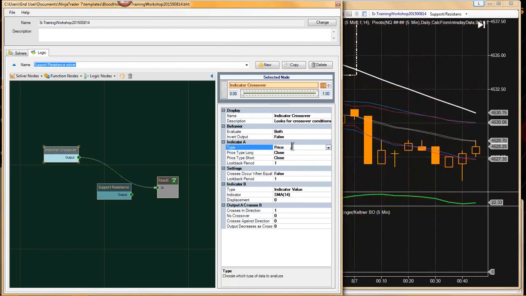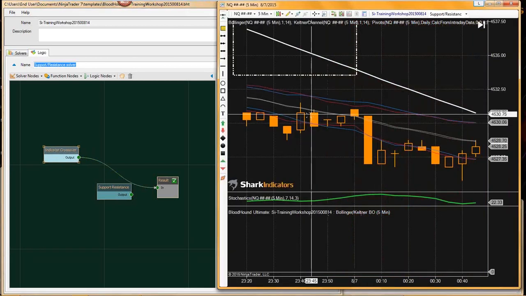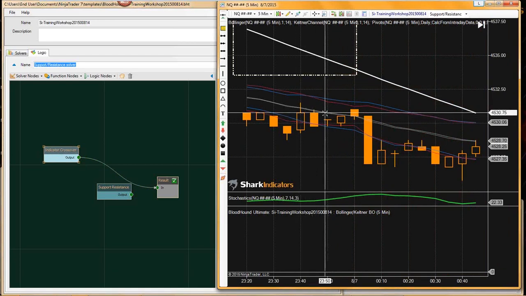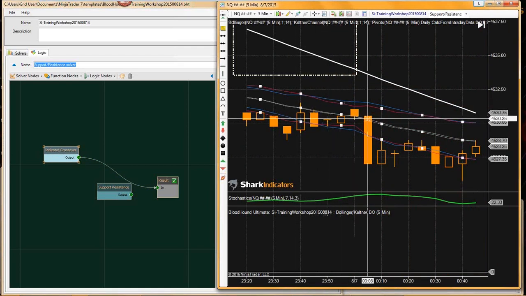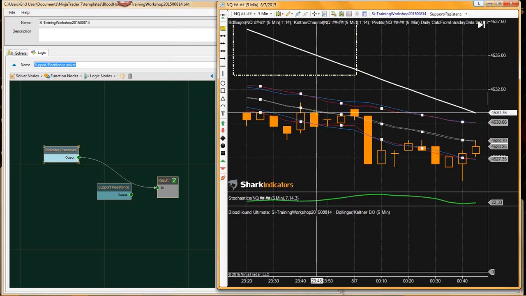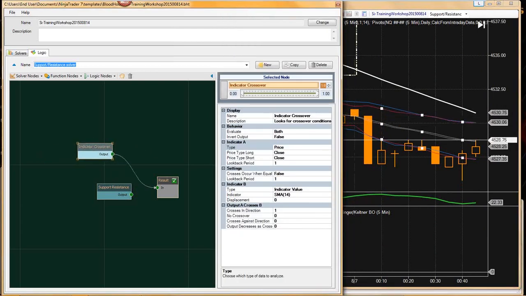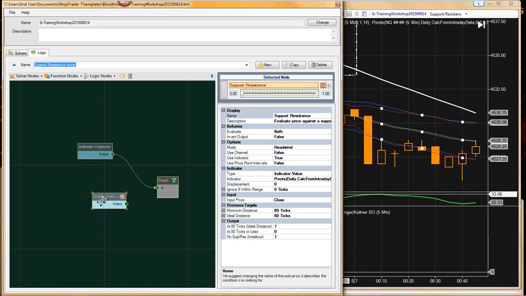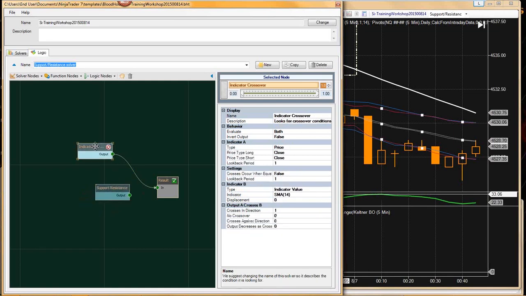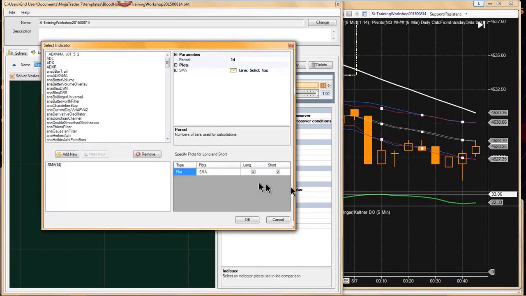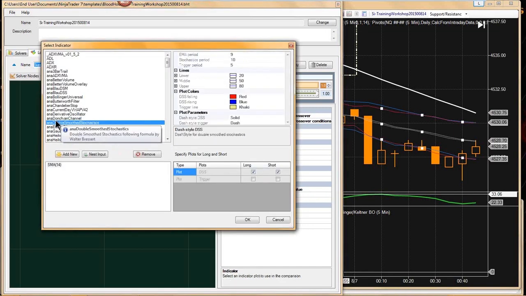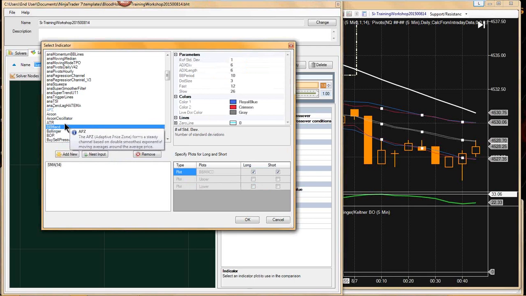So whenever price crosses, I guess our Bollinger Band midline, so you can see the gray midlines on here. Whenever price crosses that midline, I'm just going to use that. It's just some simple signals to help demonstrate how the support resistance can be used. So I'm going to look for closing price crossing that Bollinger midband.